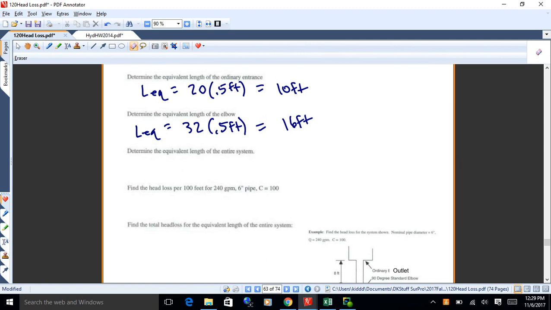For the whole system then, you've got 10 for the outlet, plus the 8 feet of pipe, plus 16 for the elbow, plus, I think, 10 more feet of pipe. You just add everything up. 20 and 24 are 44 feet. So that system has the same head loss as 44 feet of pipe.